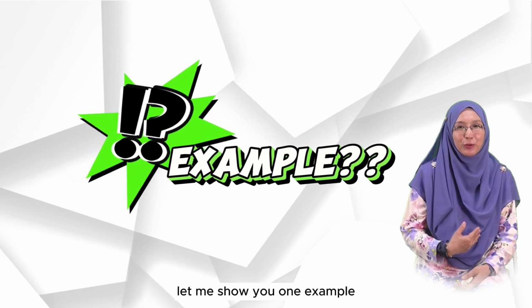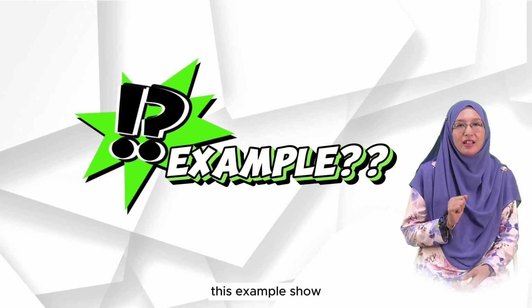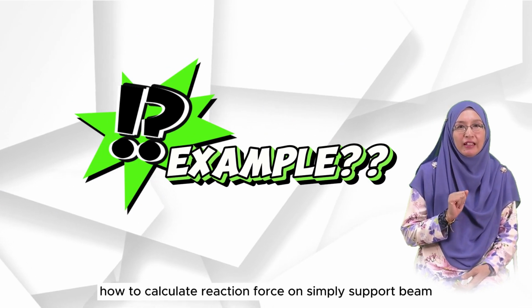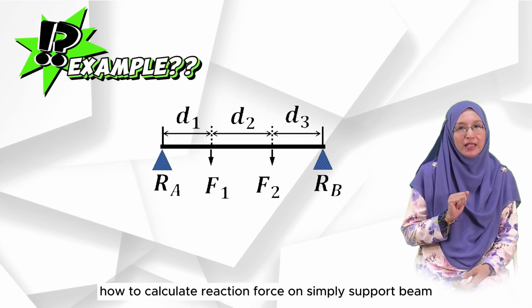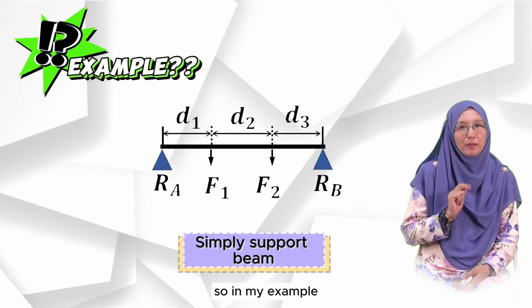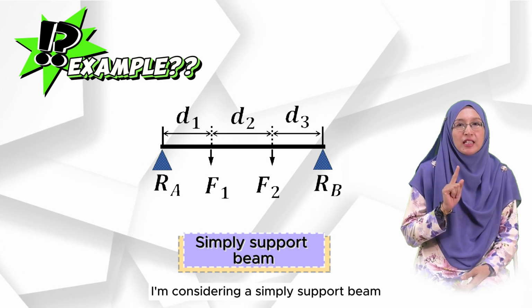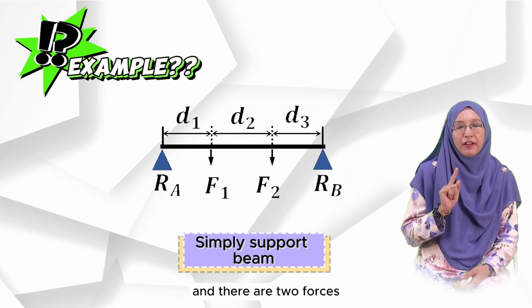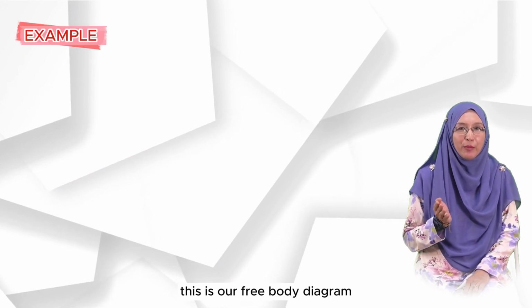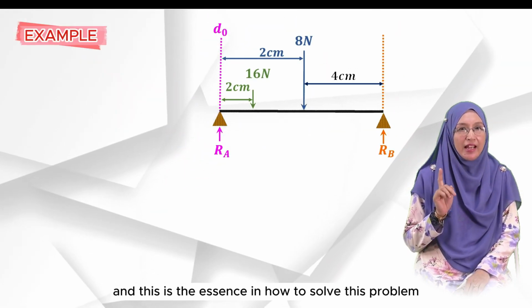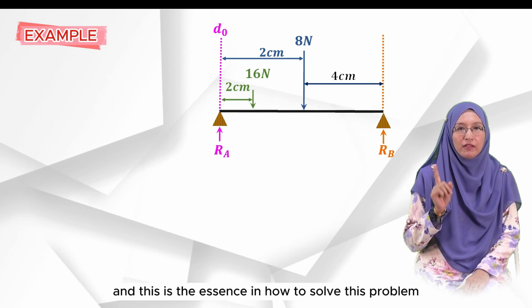Let me show you one example. This example shows how to calculate reaction force on a simply supported beam. So in my example, I'm considering a simply supported beam and there are two forces. This is our free body diagram and this is the essence in how to solve this problem.